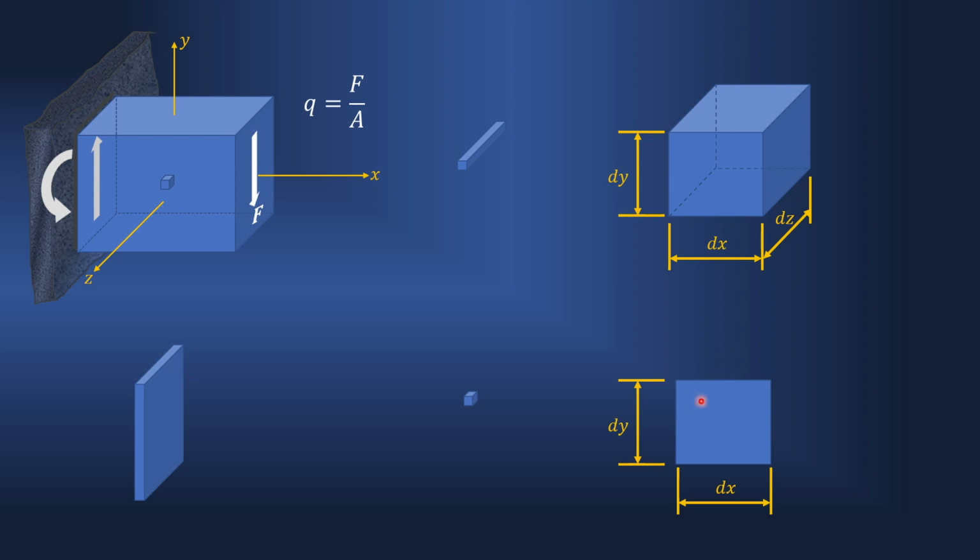Okay. So now this rectangle is nothing but a point in this loaded material. This is the x surface and this is the y surface. In the three-dimensional diagram, this is the x surface and this is the y surface.